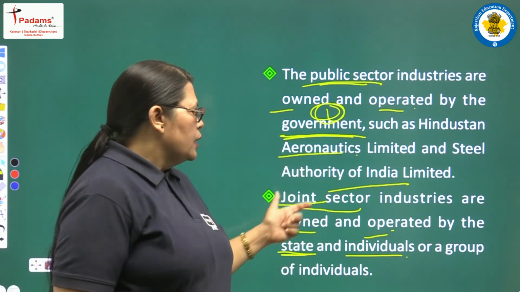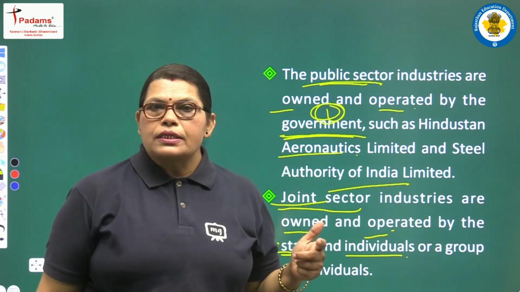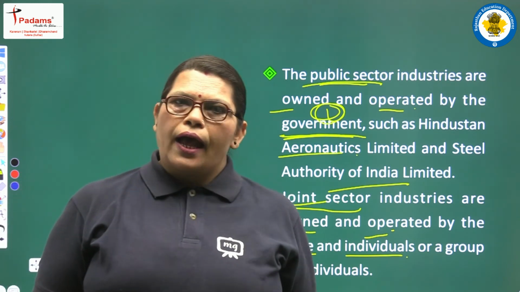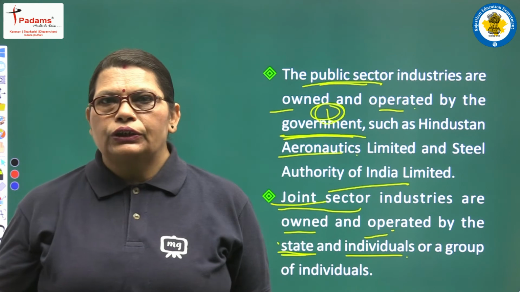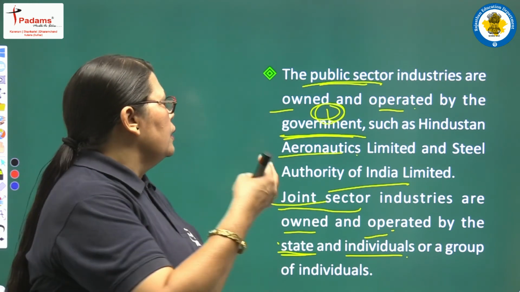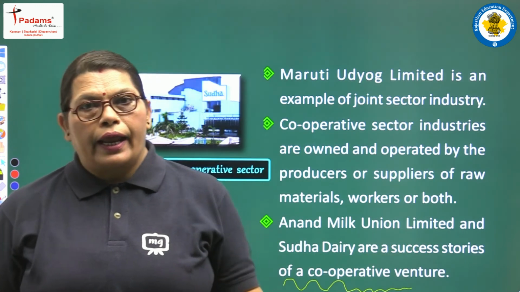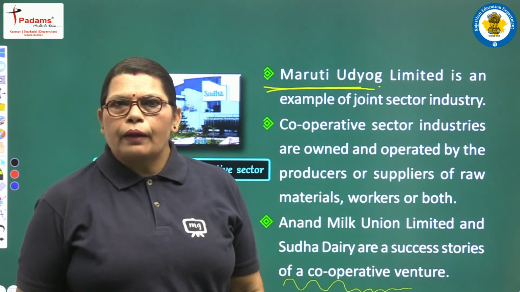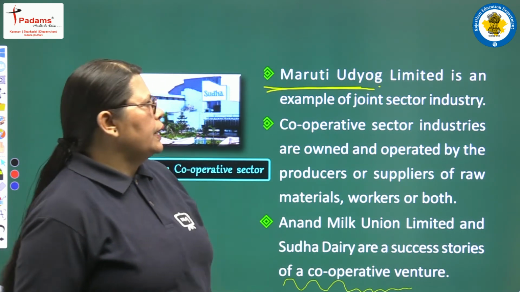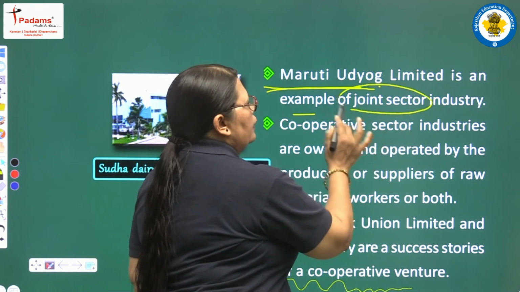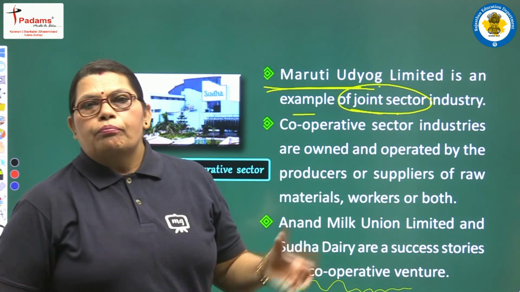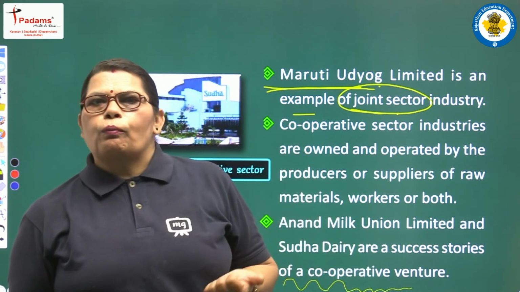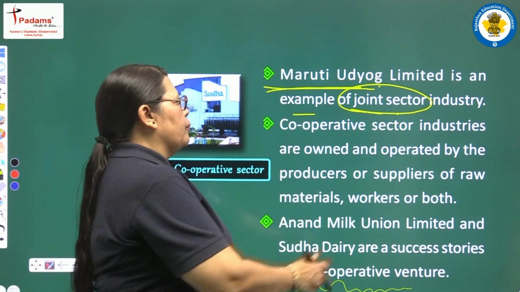In this industry, the owners and operators are the state as well as individuals. Maruti Udyog Limited is an example of a joint sector industry, with both public and private, government as well as individual ownership.